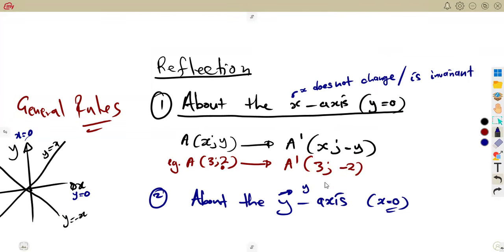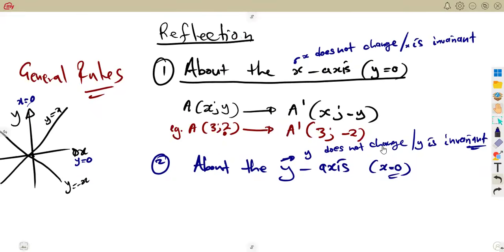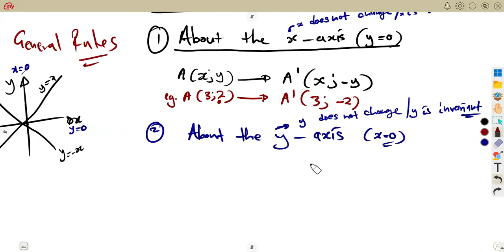Y does not change, meaning to say y is invariant. It is not affected at that moment. It is the x value.